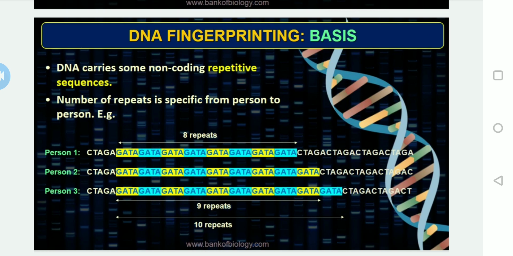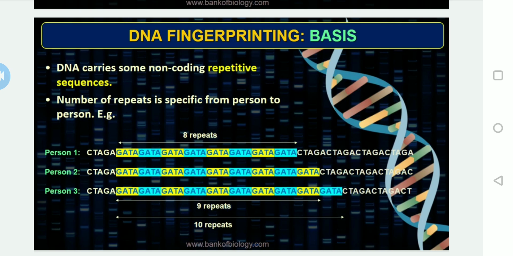Here there are three examples given: person 1, person 2, person 3. If you see from the beginning, the sequence GATA, GATA, GATA, GATA, like that, up to 8 repeats are present in the first case.